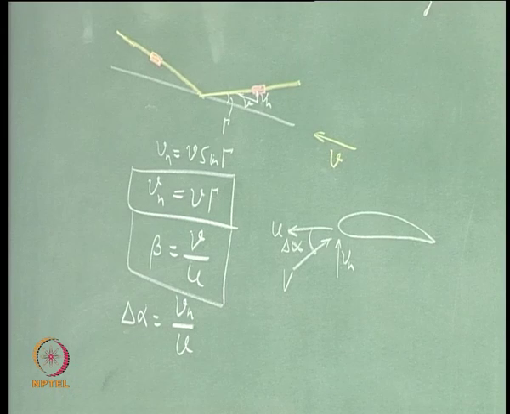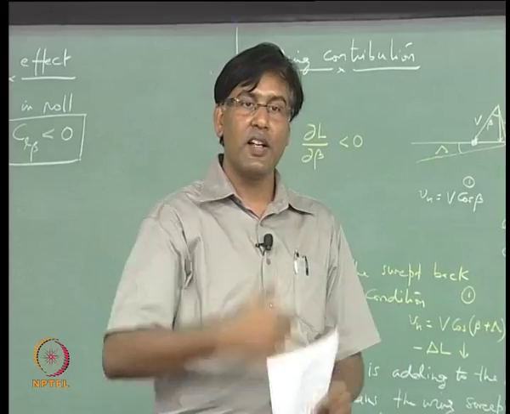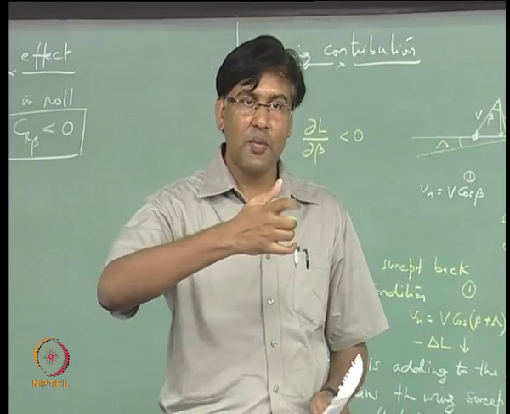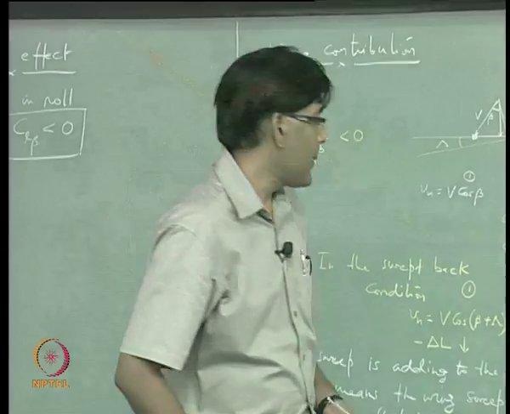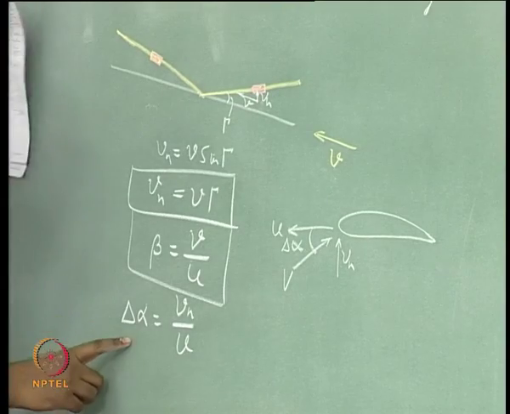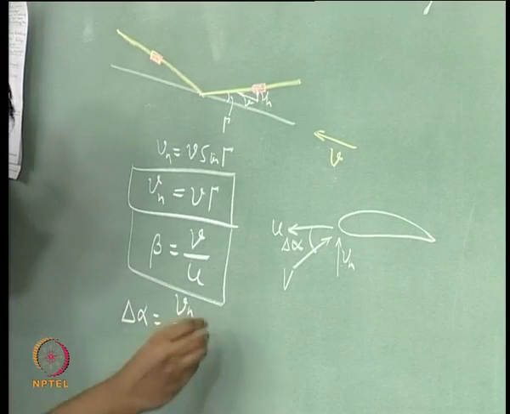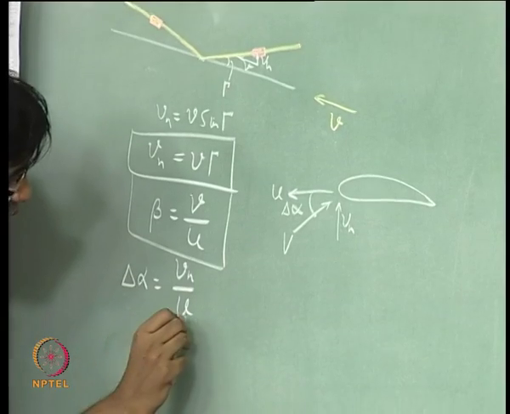You have a relative wind coming from below that will change the angle of attack in a positive manner. So, this delta alpha is going to be positive, and see what this is.